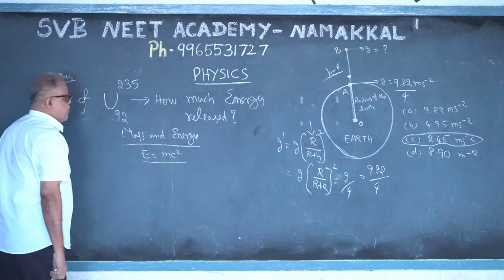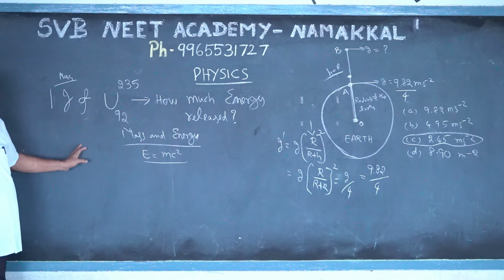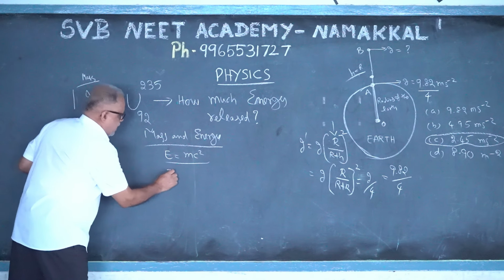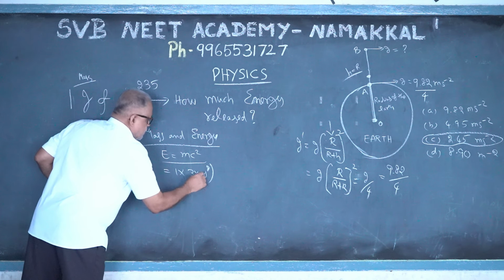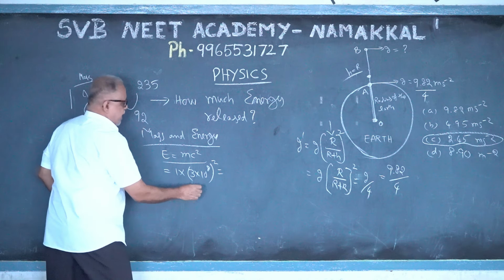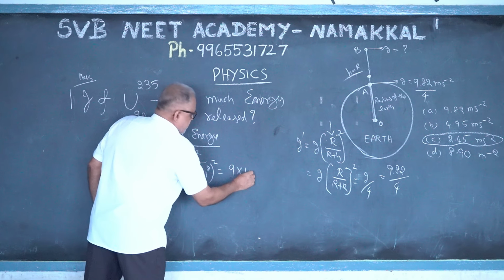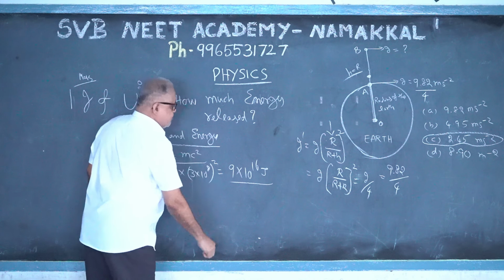When I apply this formula, you are able to get the energy. Suppose we get 1 into 3 into 10 power 8 whole square. That means 9 into 10 power 16 joules of energy.